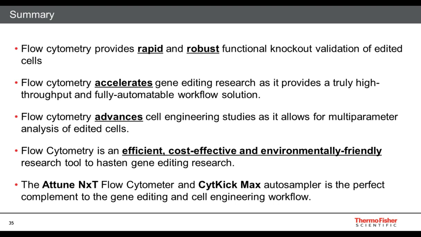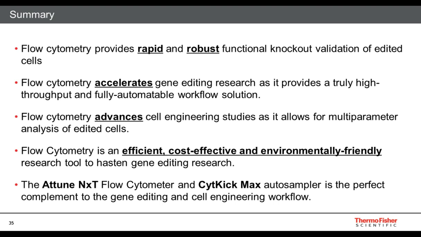So in summary, flow cytometry provides a rapid and robust functional knockdown validation of edited cells. It accelerates it. It speeds it up, right? So it's truly high throughput and automated as a workflow solution. It advances cell engineering studies as well because it allows us to do those things we talked about before as far as gene interactions and single cell analysis of multiplexed experiments.